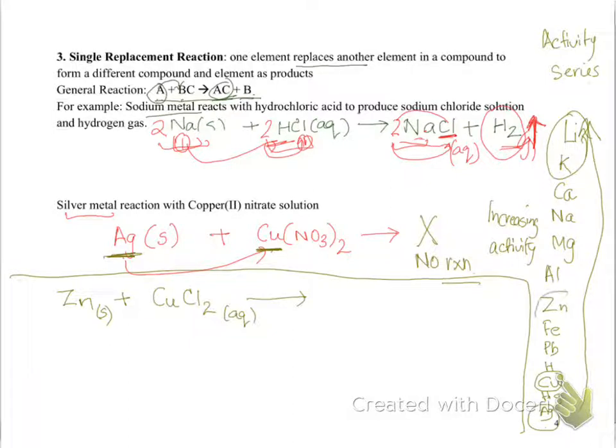Zinc is here and copper is here. Since zinc is above copper, that means yes, zinc is going to replace copper. And when zinc is replacing copper, copper is kicked out, so we put it here. Copper is a metal, solid. And now zinc is combining with chlorine. When zinc is combining with chlorine, what is the formula for zinc chloride? Zinc has 2+ charge.